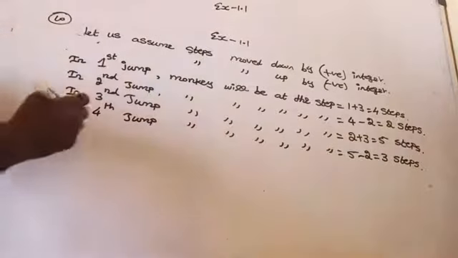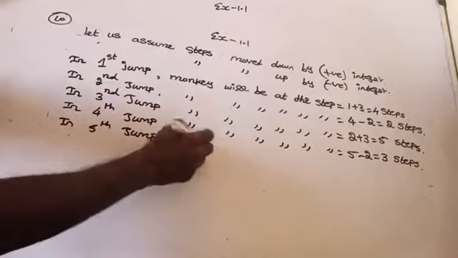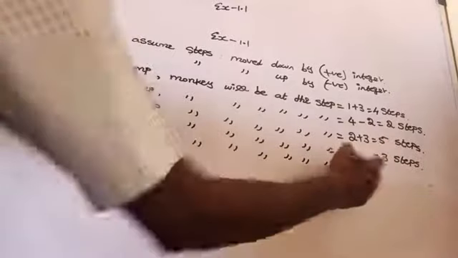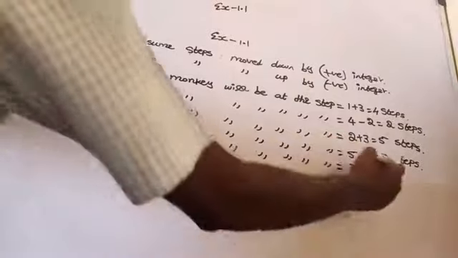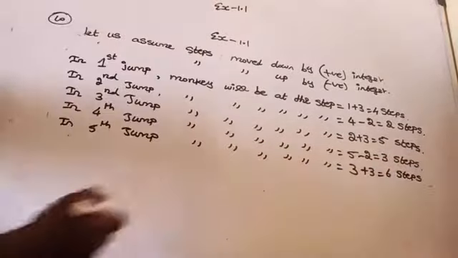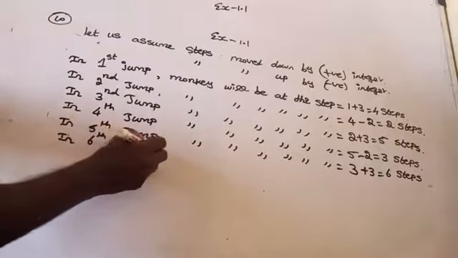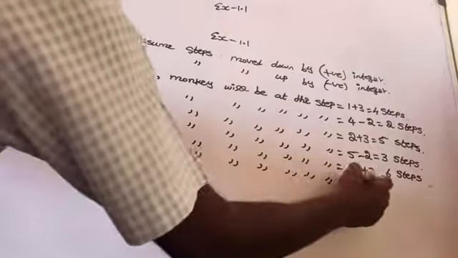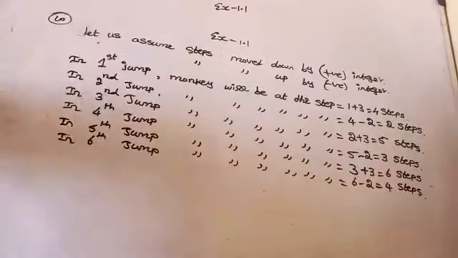Now in the fifth jump, it moved down by 3 steps, so 3 plus 3, that is the 6th step. Then in the 6th jump, the monkey will be at step 6 minus 2, that is the 4th step now. And it goes on. Am I right?